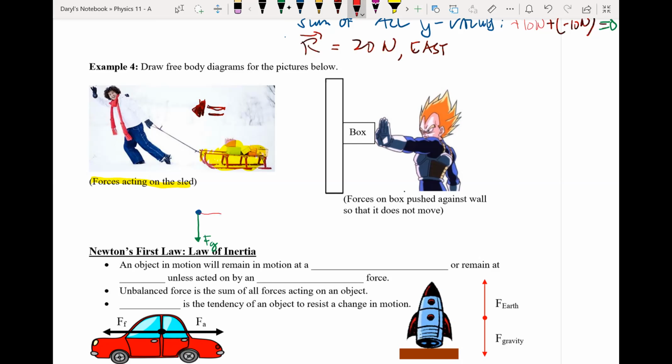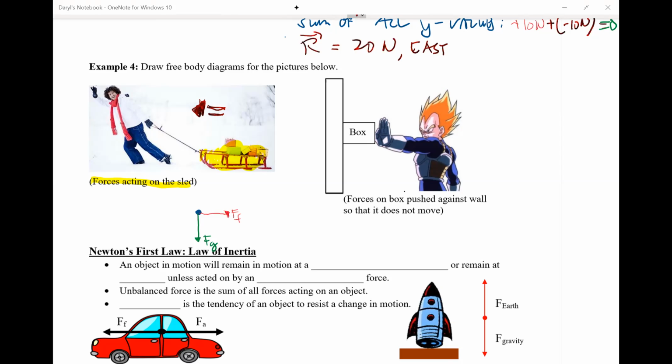So this would be the friction. This is my FF. Again, if you can see, the surface is here, so the frictional force is always parallel to the surface. But I would expect, since I am applying a force there in the direction to the left, that it would be moving to the left.